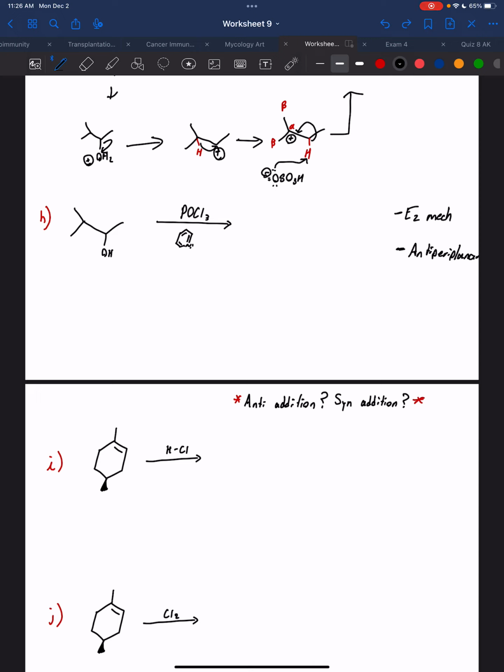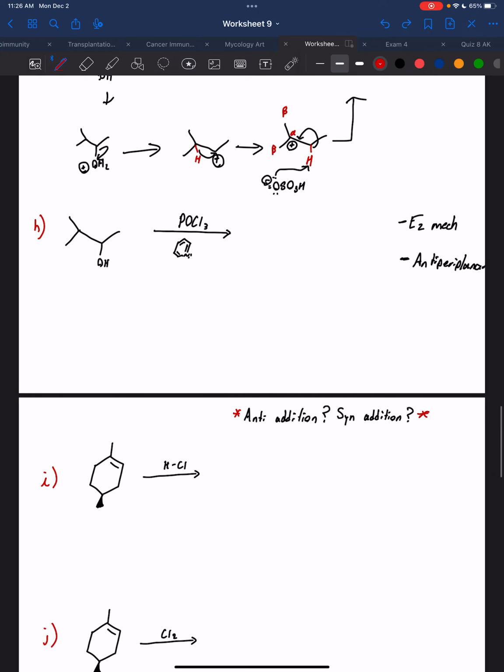Let me think about this. Again, I think I should start giving you tricks to this. The trick to this one is, again, identify your alpha and identify your beta. Your double bond has to be between the alpha or the beta, and so you would have 2 products.